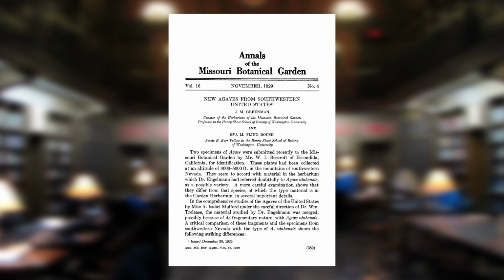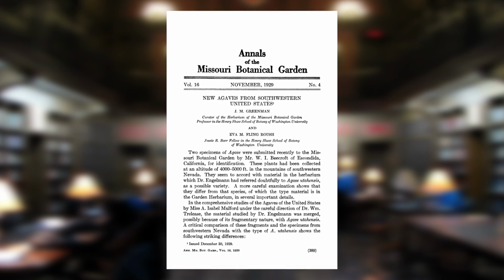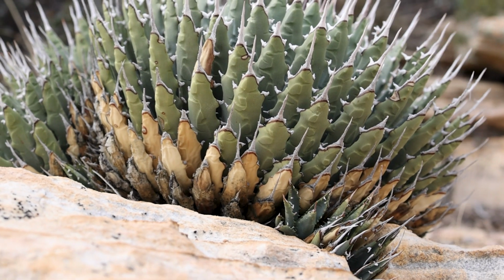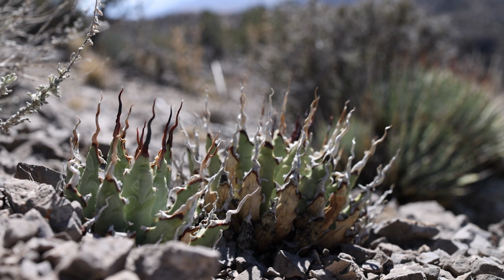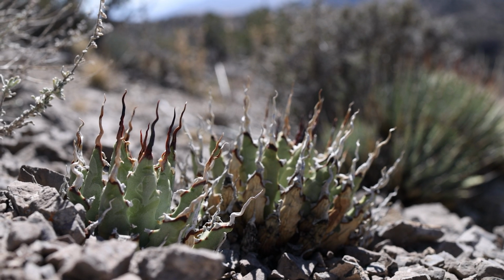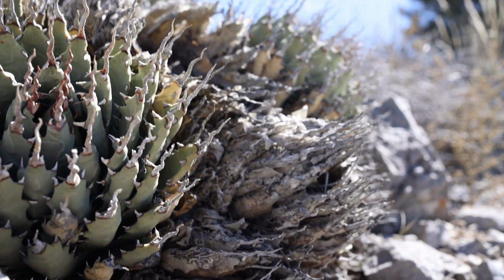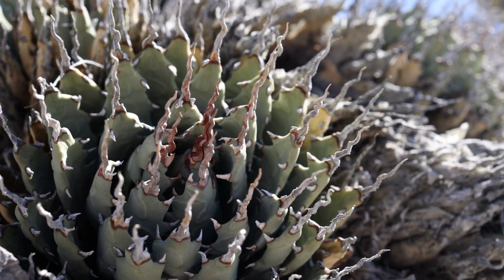And then in 1929, nevadensis was first described in the Annals of the Missouri Botanical Garden by Eva Mertel-Rusch and J.M. Greenman. Basically, the Missouri Botanical Garden was sent samples of a plant that was collected out west. They analyzed it, and they decided to name it Agave Utahensis variety nevadensis.